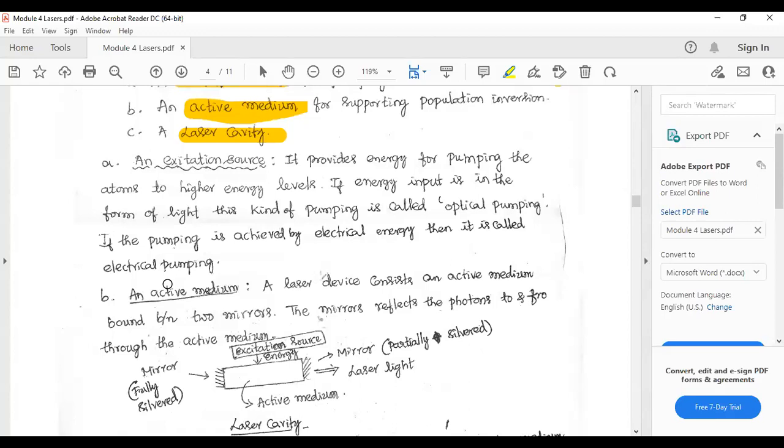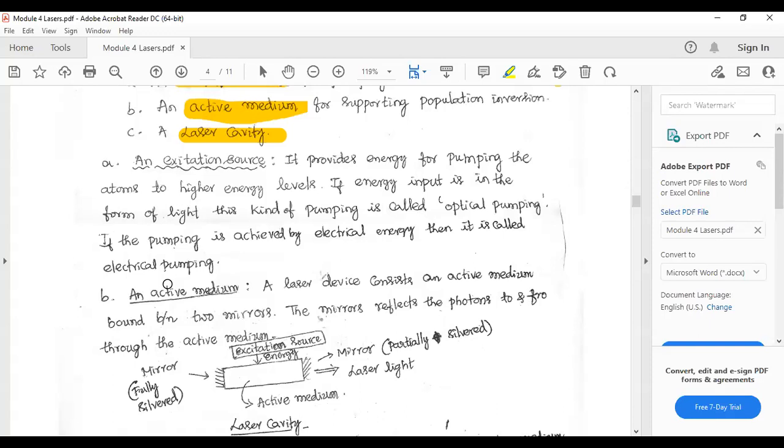Let me repeat once again. If I use an external light source to excite the atoms from the ground state, such type of pumping is known as optical pumping.